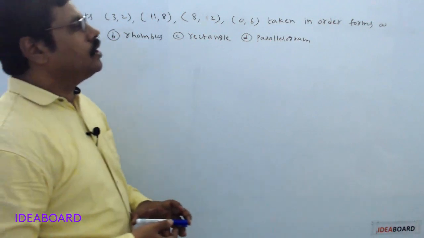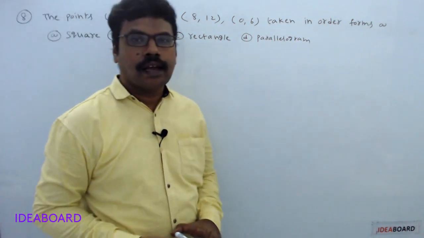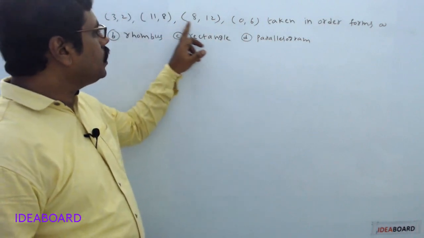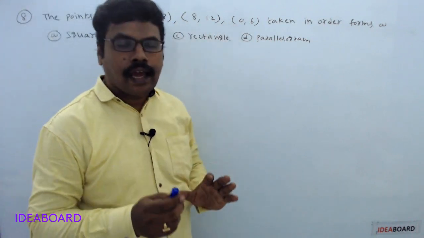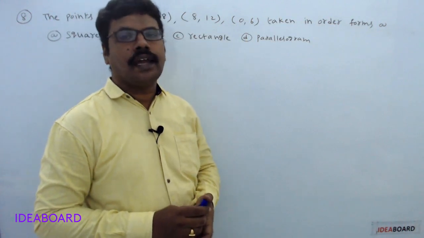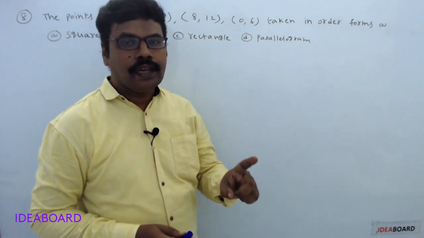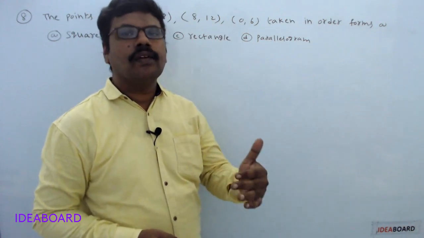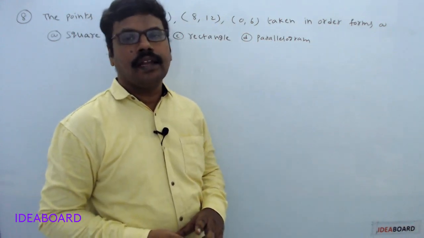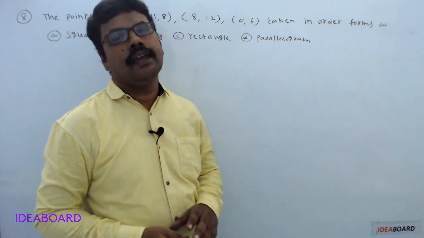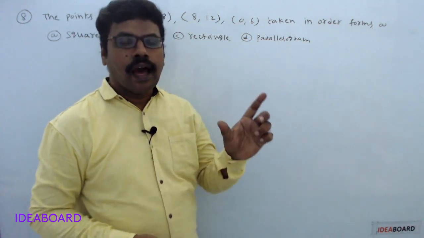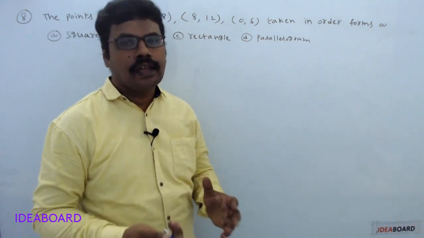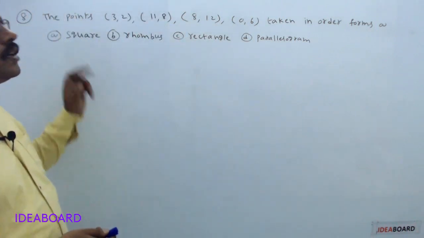Actually, what is our nature of quadrilateral concept? First, take the given points as A, B, C and D. Calculate the lengths of the sides AB, BC, CD and AD. Then calculate the lengths of the diagonals AC and BD. Suppose all sides are equal and diagonals are also equal, then what is our quadrilateral?